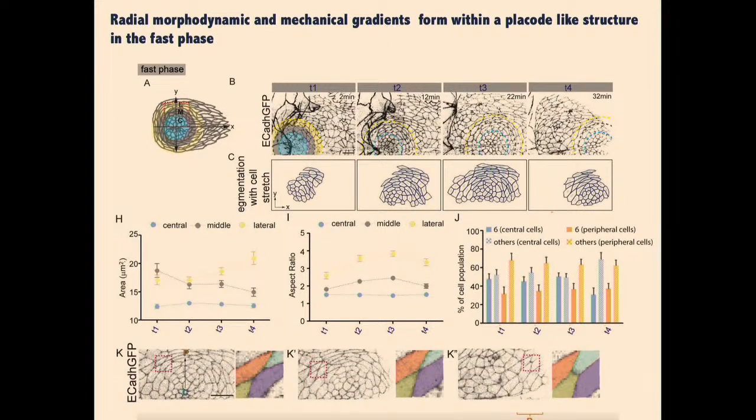So we spent some time trying to understand what was actually happening in this organization, which I should point out we got excited by because an old anatomical term, a placode, is perceived to be the beginnings of many organs.